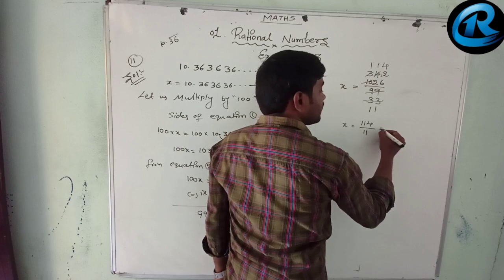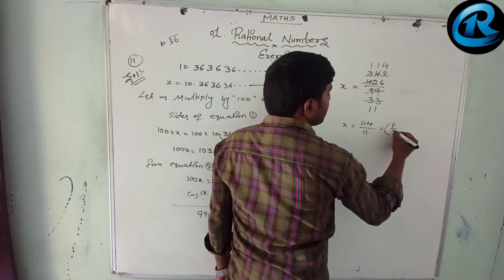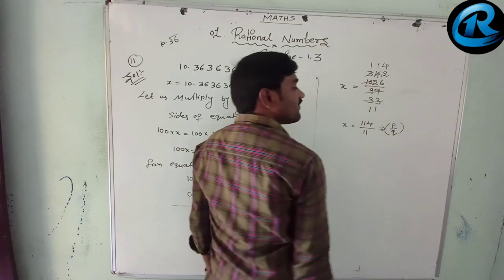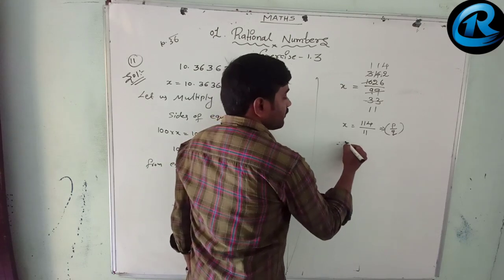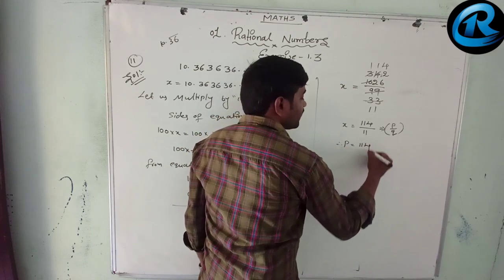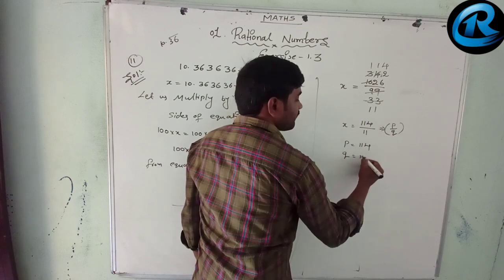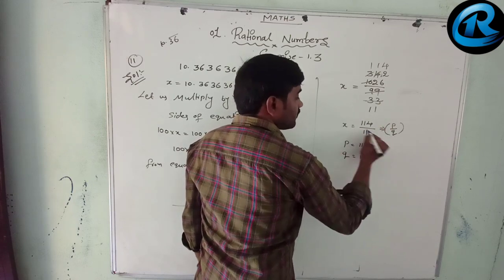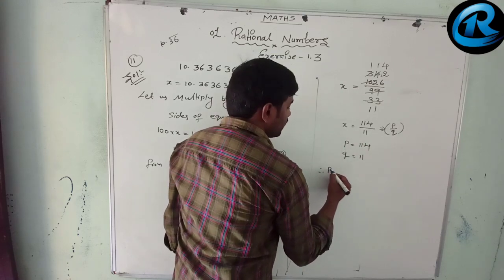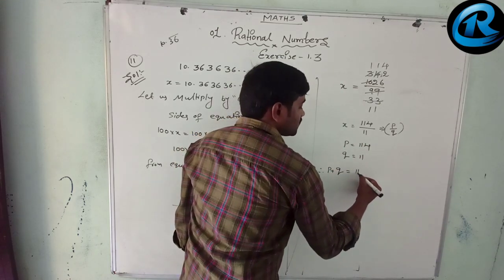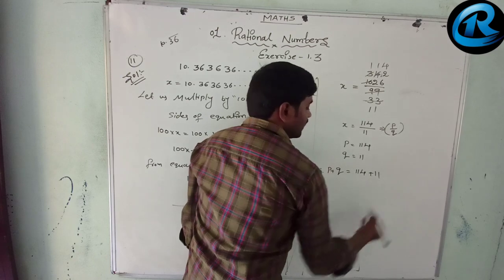Now it is in the form of p by q, where p equals 114 and q equals 11. So we'll find out p plus q now. P plus q means 114 plus 11.